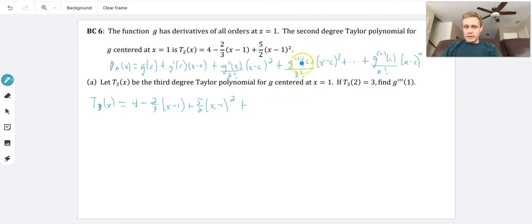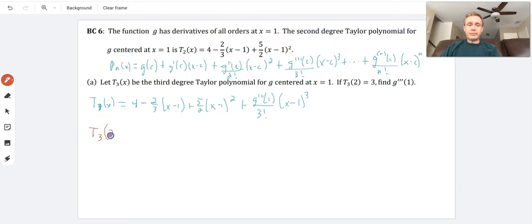The x to the third term will have g triple prime of 1, because 1 is where we're centering our polynomial. This should be over 3 factorial, all times x minus our centering point of 1, cubed. And there's our third degree Taylor polynomial formula.